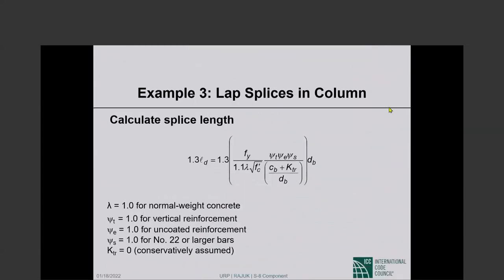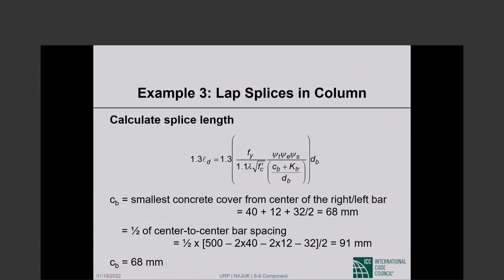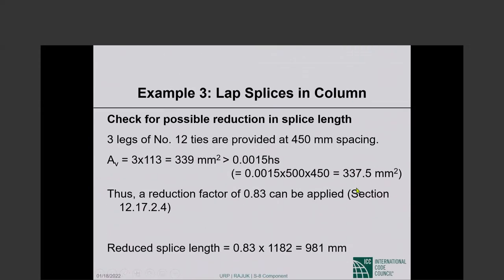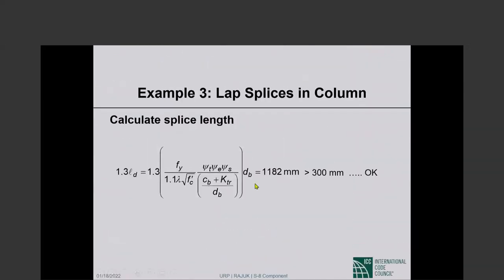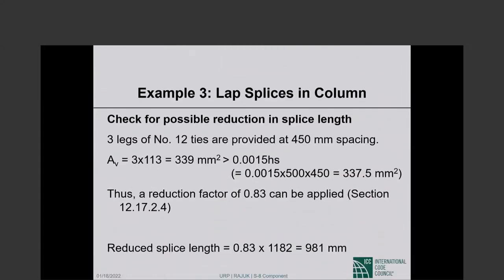Development length is given by this expression, and it is a pretty routine calculation. The lap splice length comes to 1182 millimeters. The minimum is 300 millimeters. 1182, that's a long lap splice.